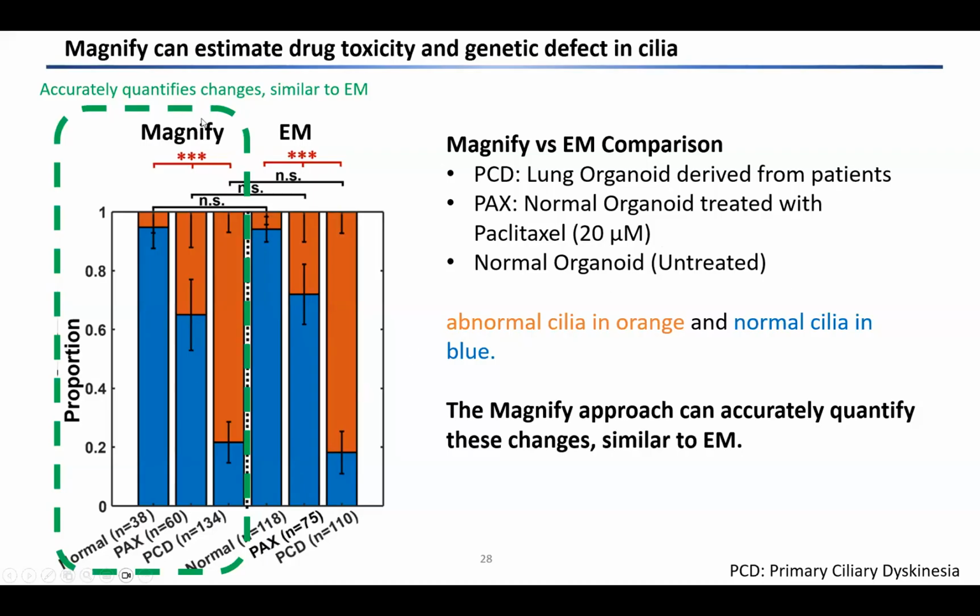And as you can see, we try to do the same counting of the defective cilia among the whole population. The EM method and the Magnify method are statistically identical. That means they are equally effective for accurately quantifying the changes related to those conditions.